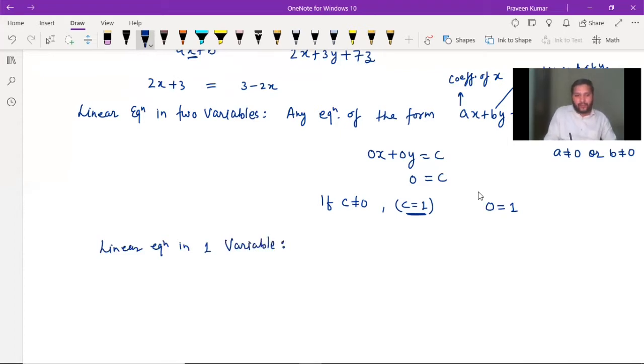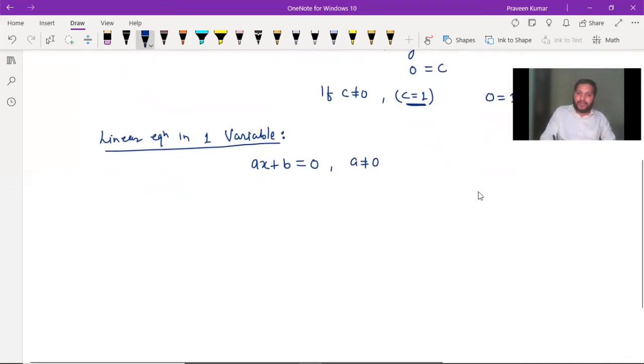The general form of linear equation in one variable is ax plus b is equal to 0, where a is not equal to 0. If a becomes 0, then b must be 0. If b is not equal to 0, then the same problem happening before will happen again.